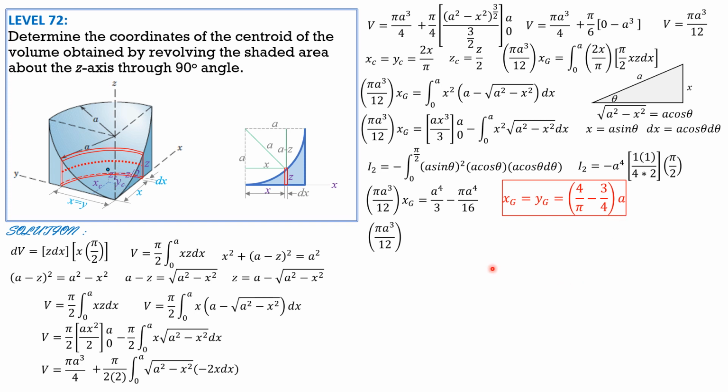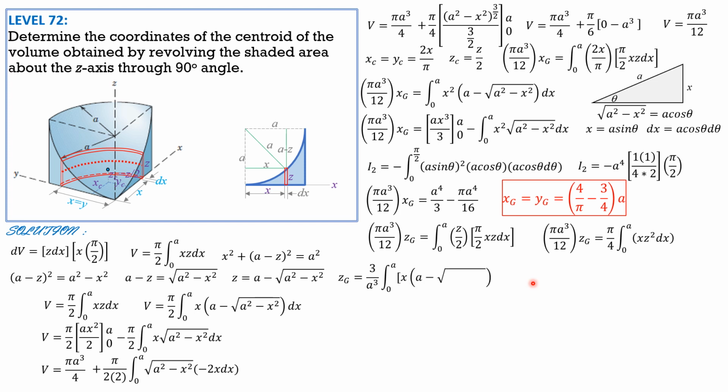Then for g sub z, pi over 12 a cubed z sub g equals the integral from 0 to a of z over 2, which is the centroid, times the differential volume pi over 2 x z squared dx. So pi over 12 a cubed z sub g equals pi over 4 integral from 0 to a of x z squared dx.